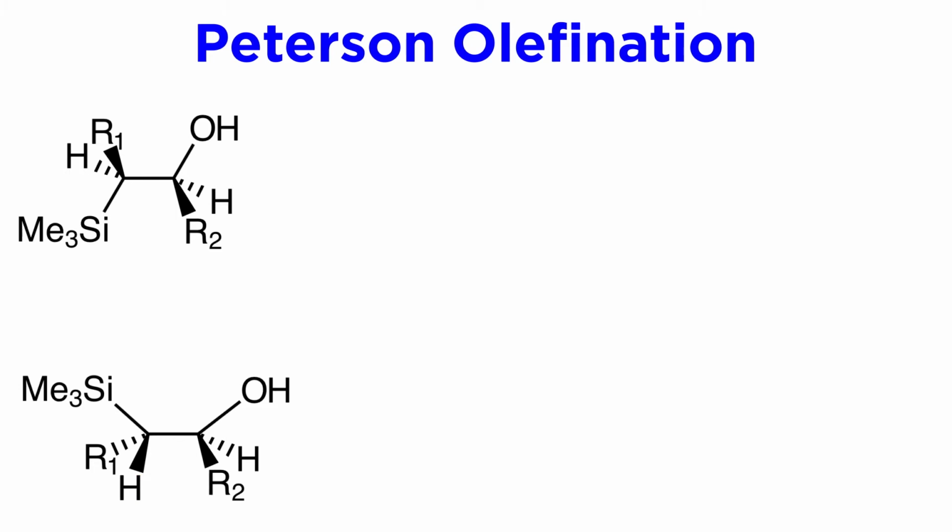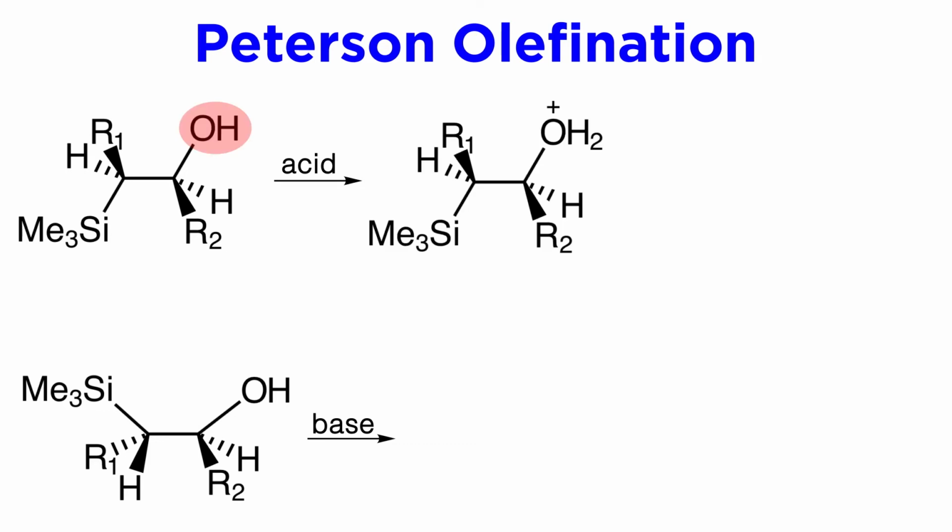Once the addition is complete, the elimination must be carried out. Let us assume that we have obtained the threo product in good selectivity. Now we have two choices for the elimination, acid or base, and these choices lead to opposite stereochemical outcomes. With acid, protonation of the alcohol takes place, turning this functionality into a leaving group.